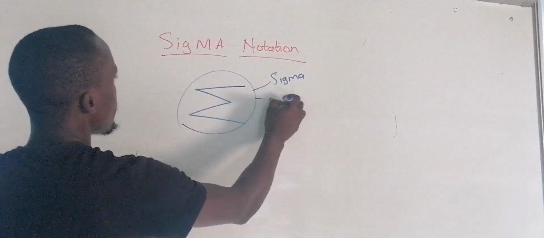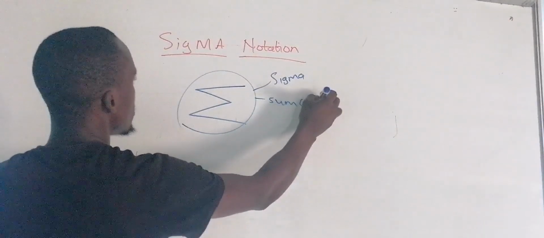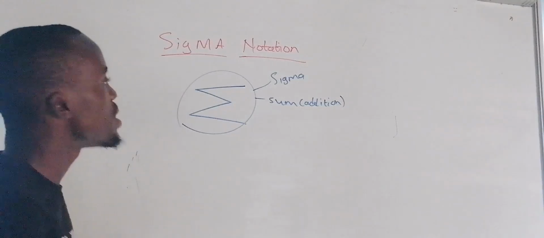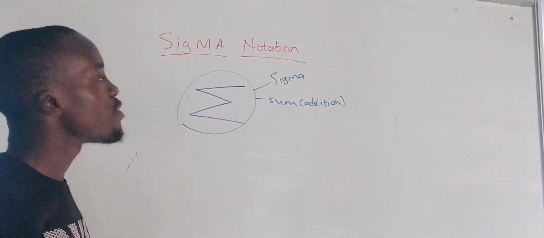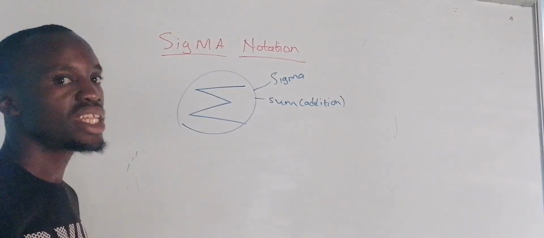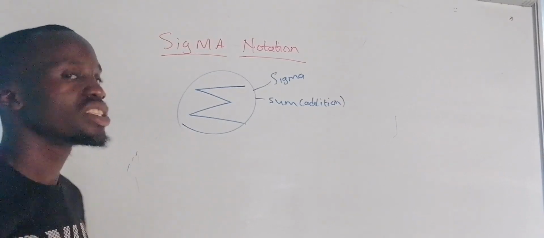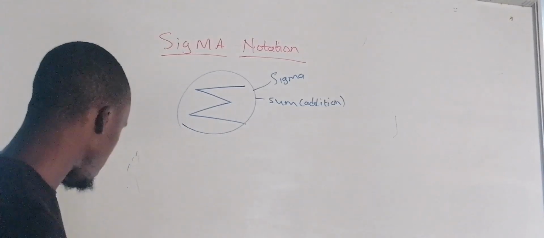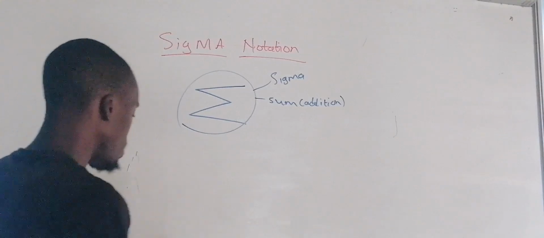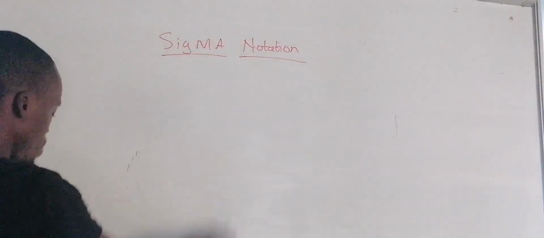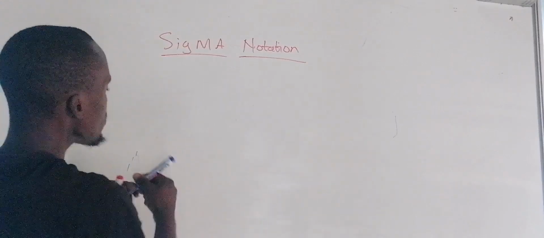It's sum, meaning addition. To those who are doing physical sciences in momentum, there's sigma P before and sigma P after, meaning that the addition of the momentum before equals the addition after. Or sigma EK before equals sigma EK after, to those who are doing physical sciences.